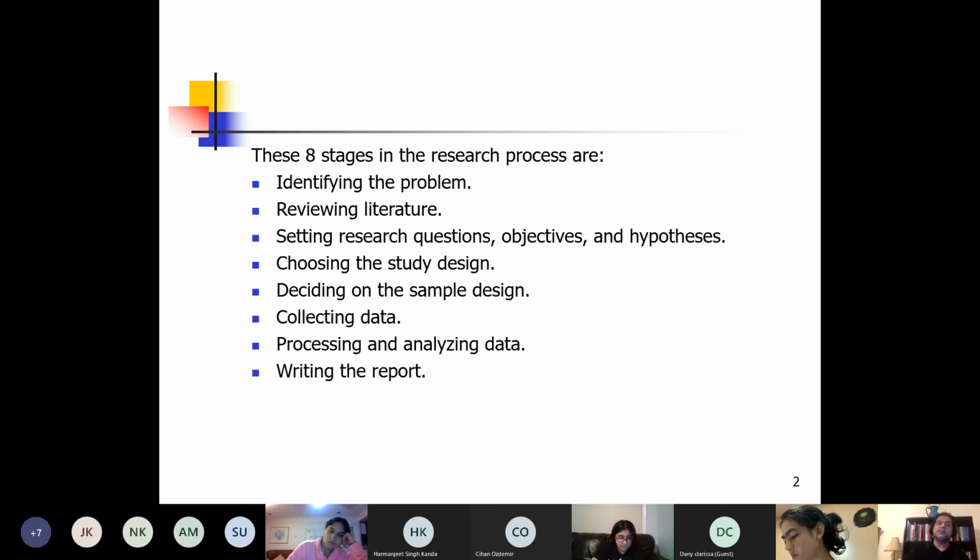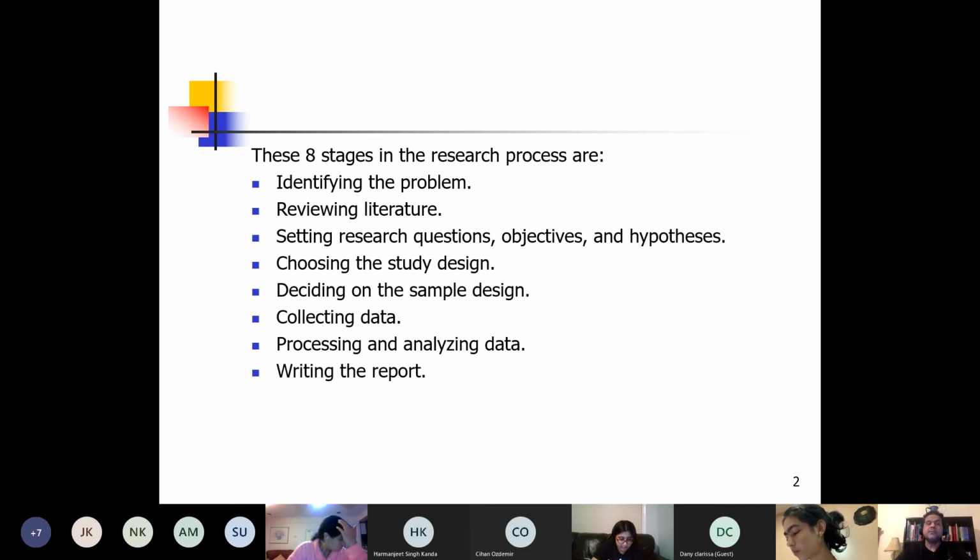So we have here 8 stages in the research process, but take care that some of those stages contain sub stages.